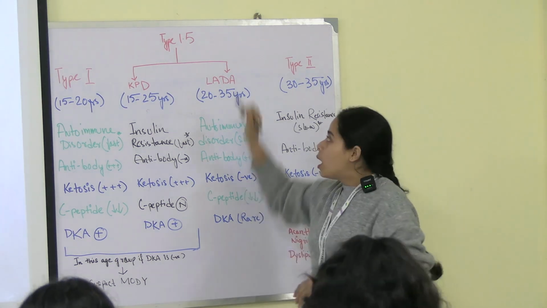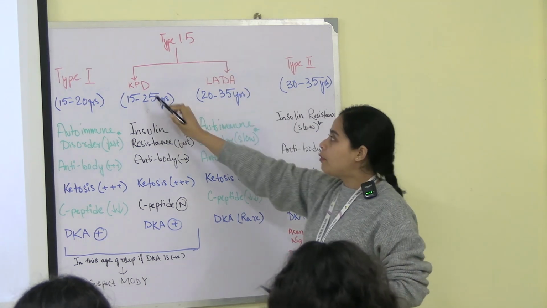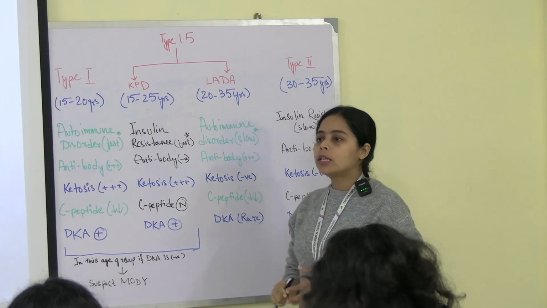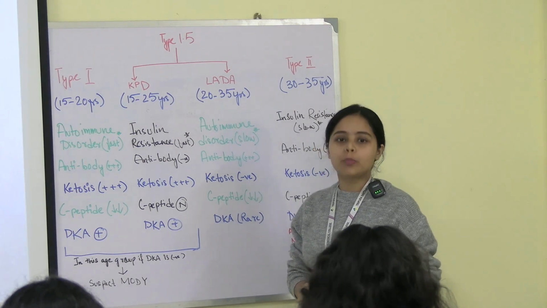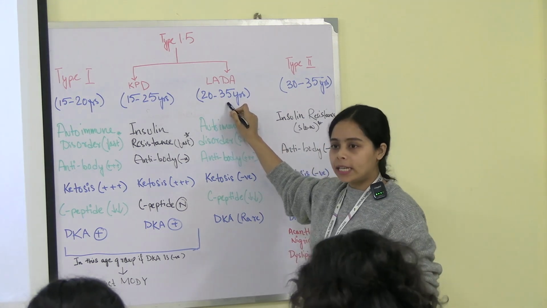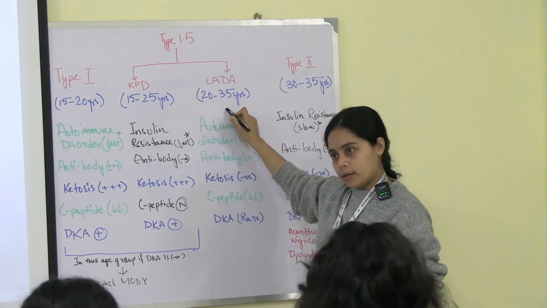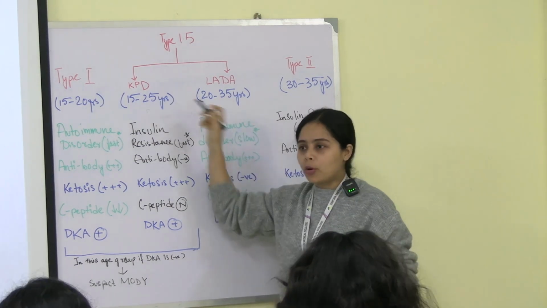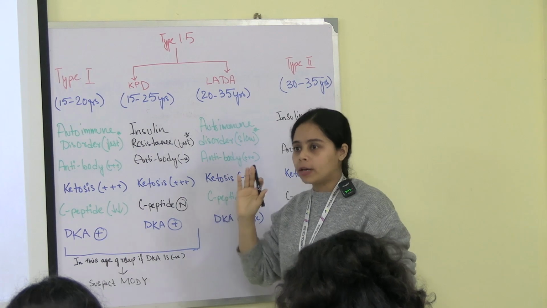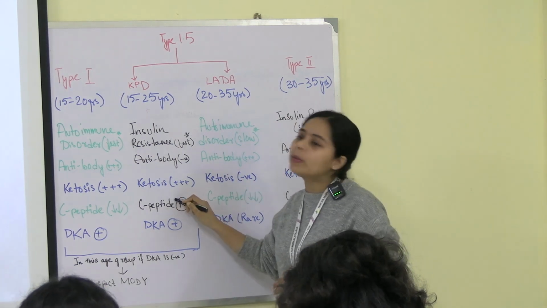Okay? Now coming to type 1.5, we have KPD and LADA. What is the full form of KPD? Ketosis prone diabetes. And LADA means latent. So ketosis prone diabetes, it is already there in the name. Ketosis prone diabetes means ketosis will be present here.